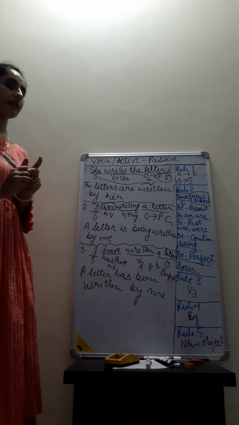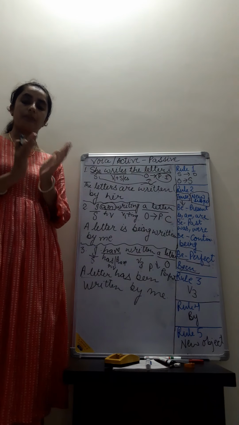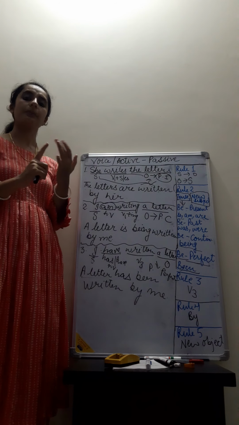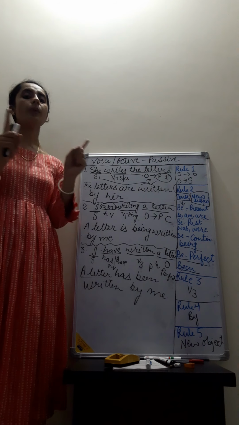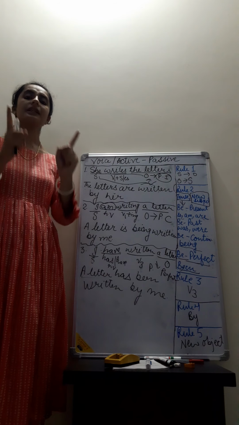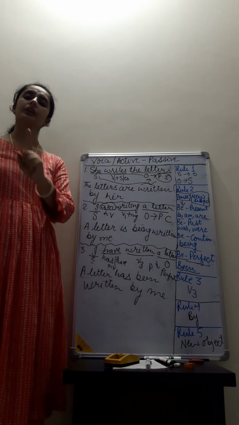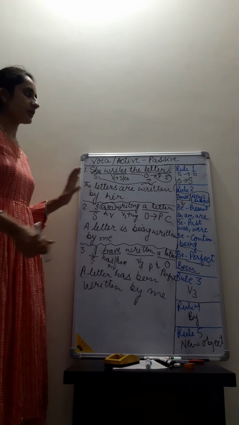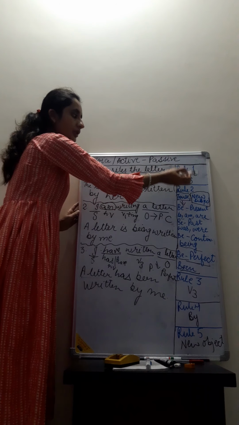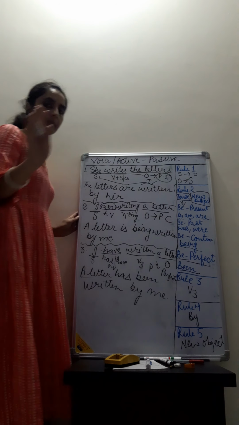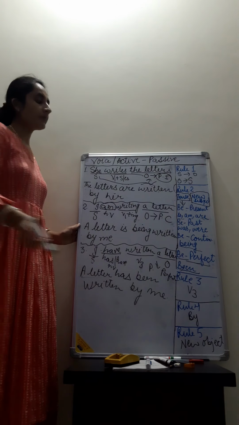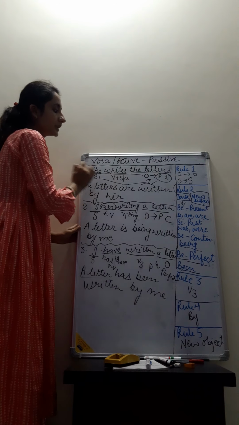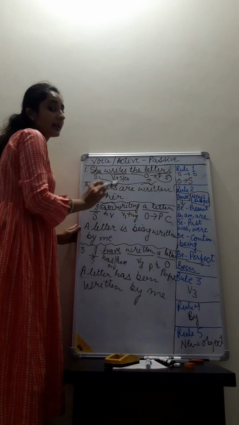Now we have discussed the three present tenses: present indefinite, present continuous and present perfect. And there is no passive form in present perfect continuous tense. So I repeat once again the steps. Rule number 1 says change subject into object, object into subject. I hope this is clear to you. Rule number 2 says check the tense.